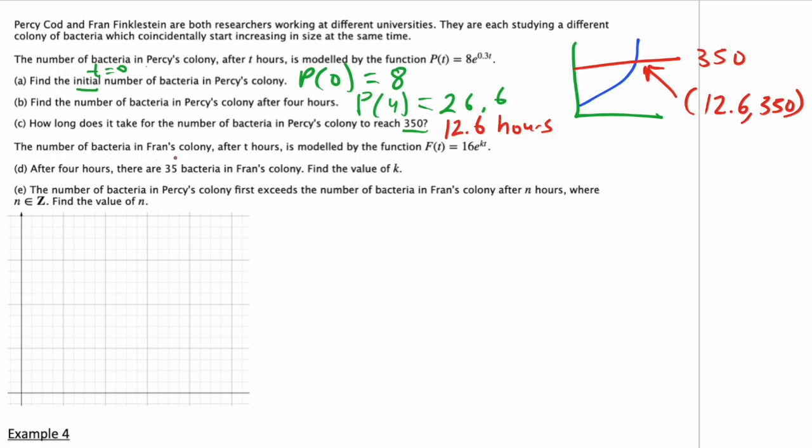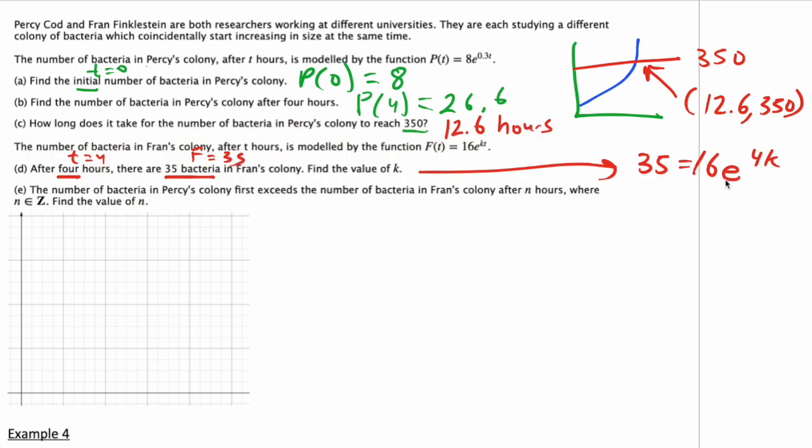Okay, next we have Fran's colony, which is modeled by this equation. Find k. We have to find the k value: after 4 hours, there are 35 bacteria. So that's t equals 4, f equals 35. We're going to substitute that in: 35 equals 16 e to the power of 4k.